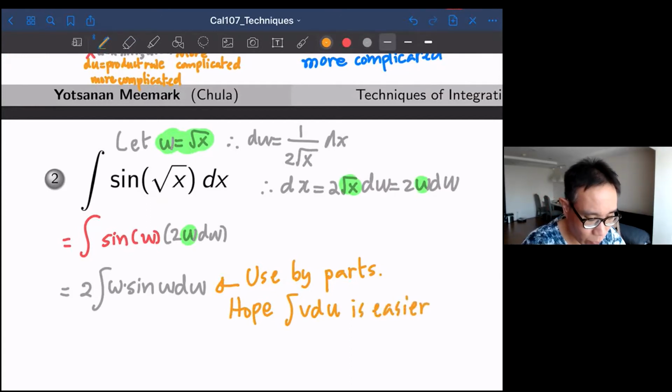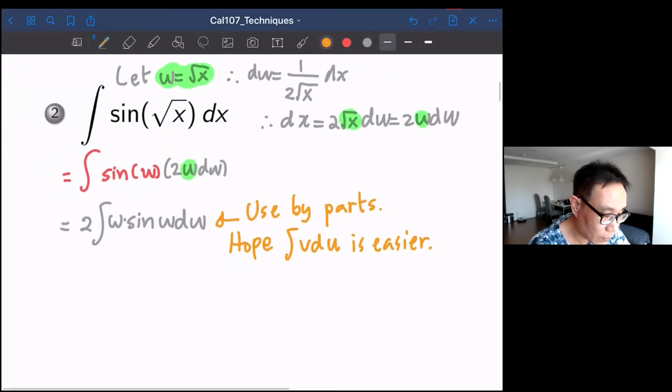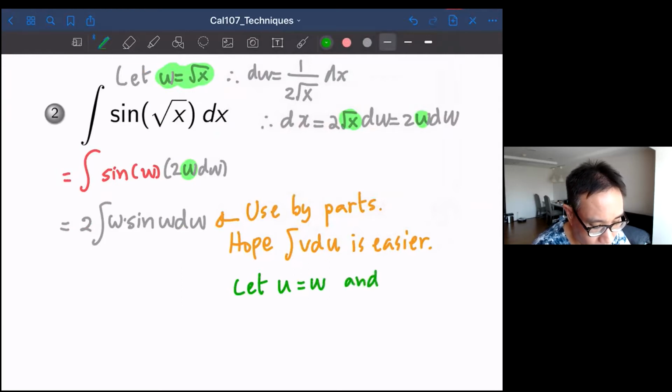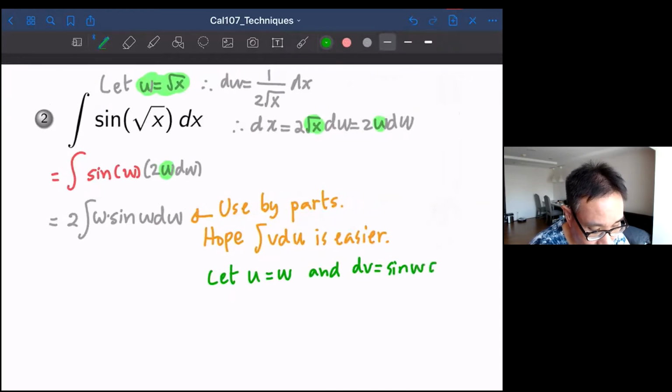I'm going to write this one step by step. I'm just going to use by parts for this one. I'm going to let u be w, and dv equal to sin w dw.